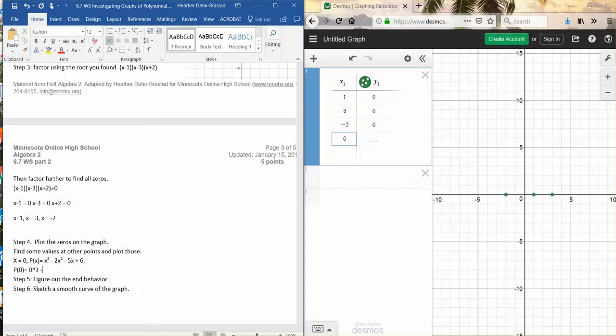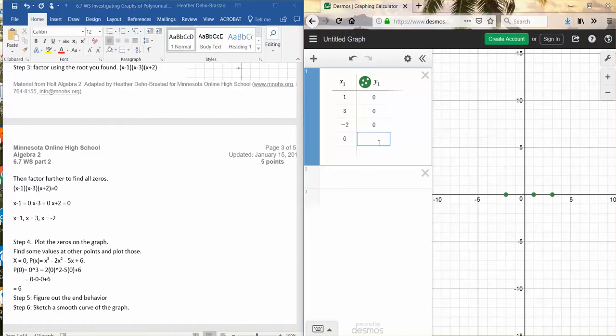You don't really have to write that if you don't want. And then we would have minus 2 times 0 squared minus 5 times 0 plus 6. So we would get, lots of zeros here, 0 cubed is 0, minus 2 times 0 squared is 0, minus 5 times 0 is 0, plus 6. So it all turns out to be 6. So at 0, we get 6. So there's another point. That's the y-intercept.